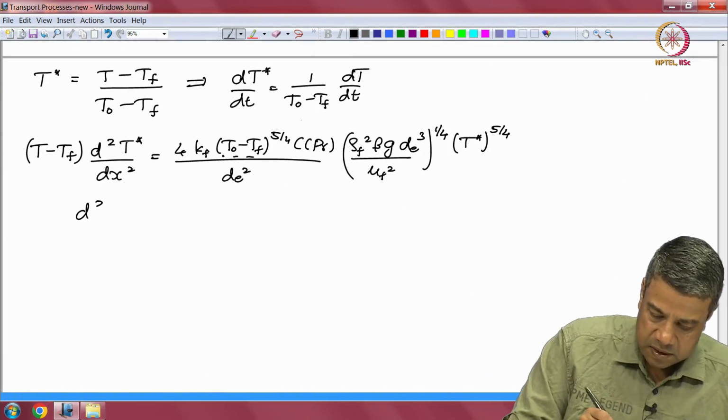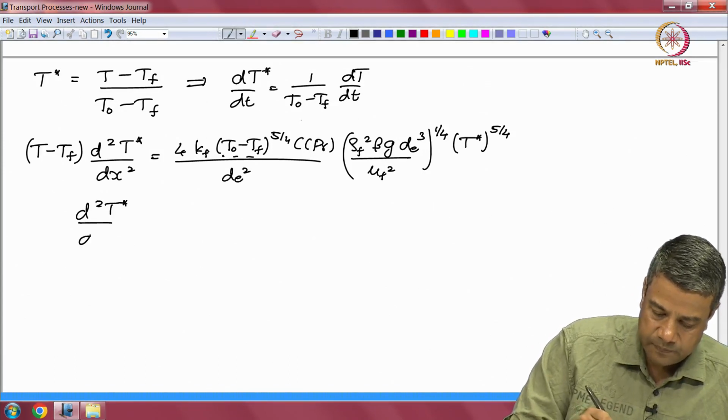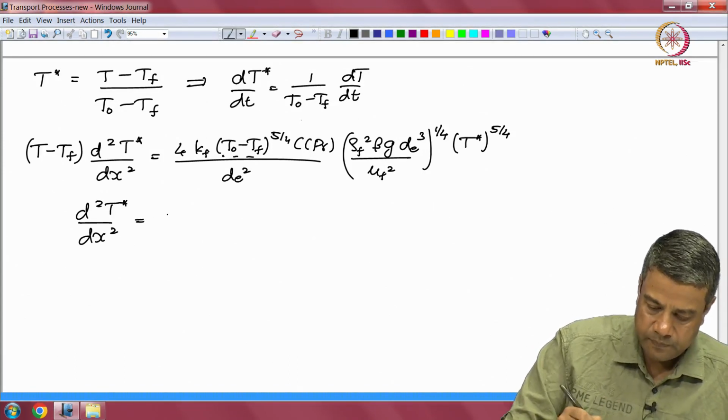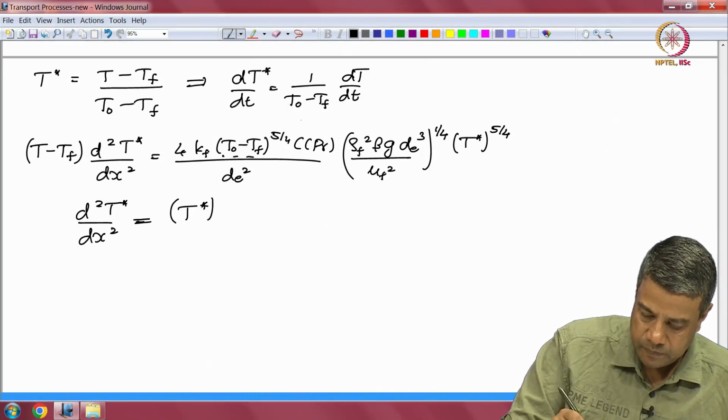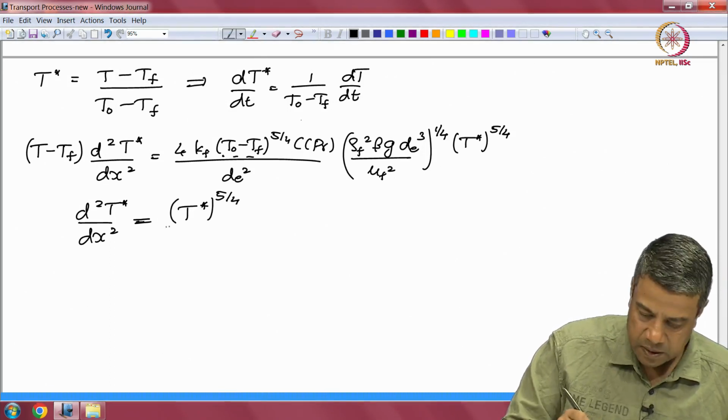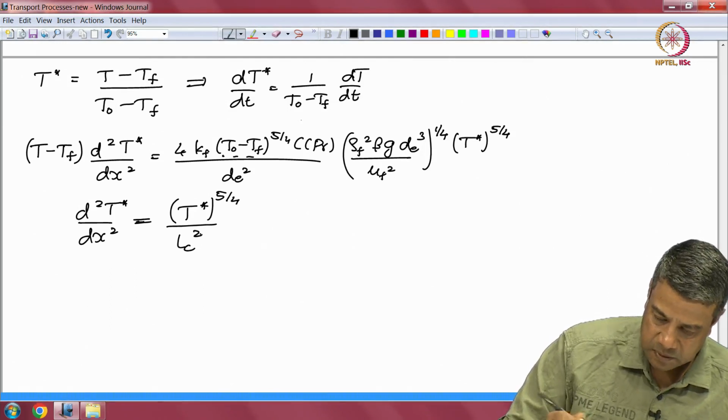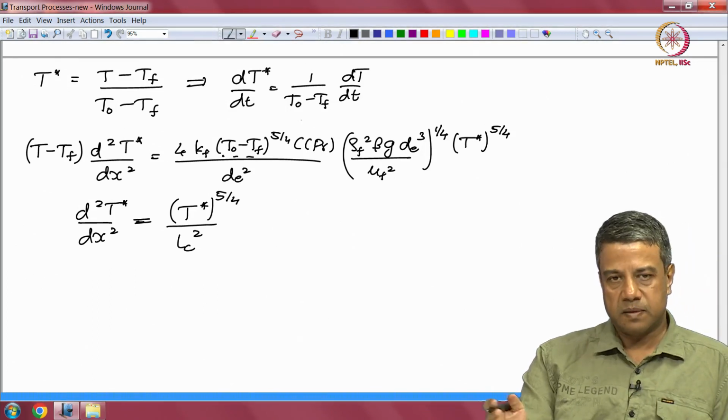And you can simplify this, divided by characteristic length square, just from dimensional analysis.